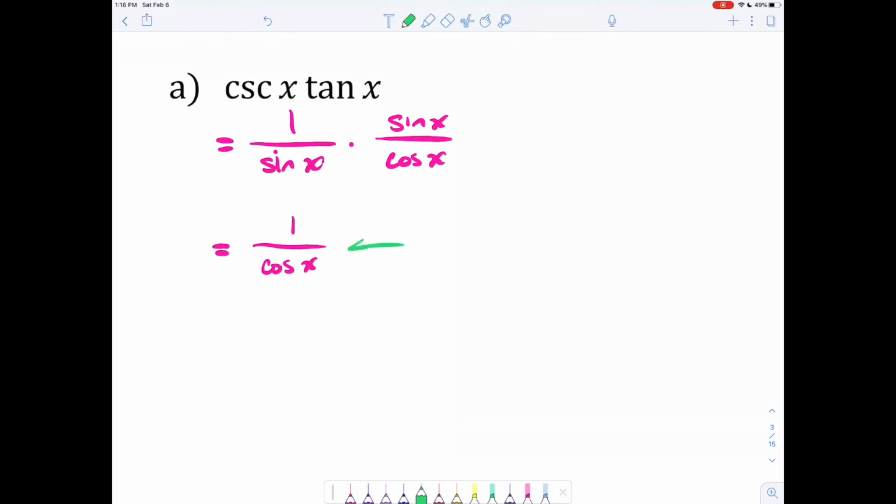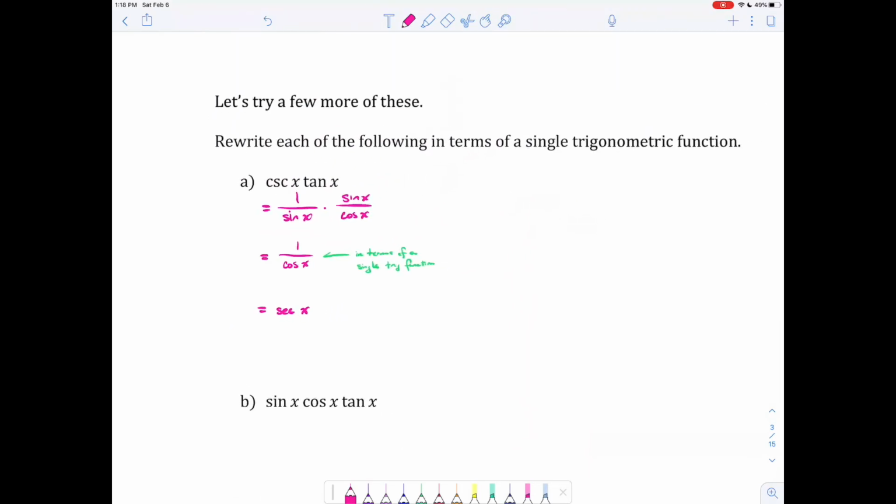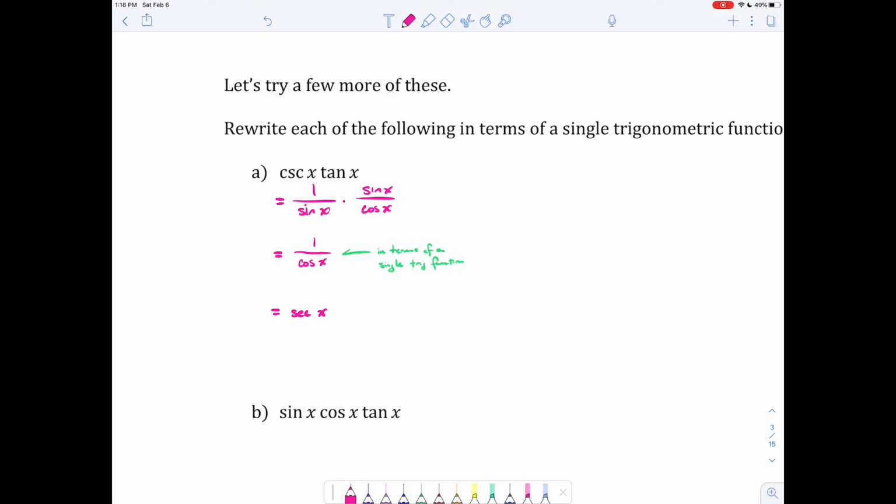And this is in terms of a single trig function. But if we want to not have a fraction involved, I can say that 1 over cos x is equal to the secant of x. And that one's done. So either one of those works.